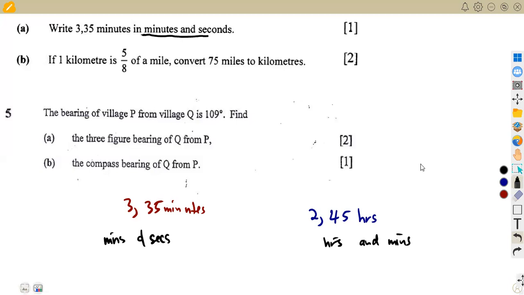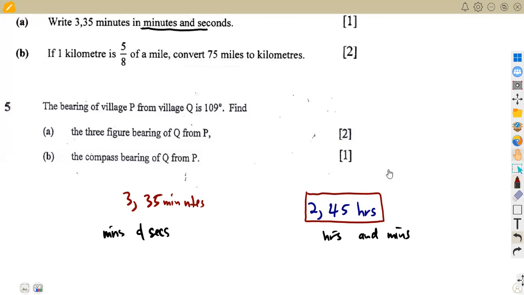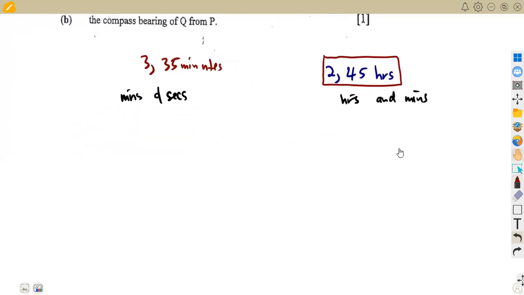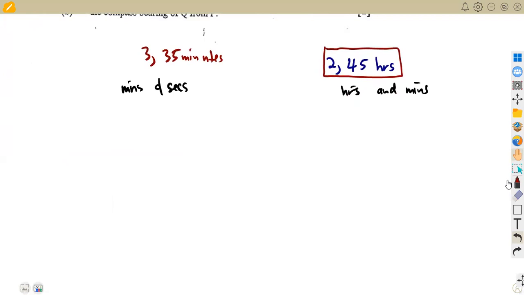Seconds. If you are given the same kind of question in hours, they are going to ask this question as expressed in hours and minutes. What is the whole idea of this question?